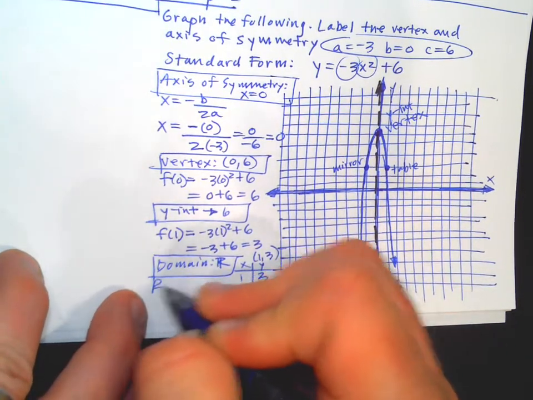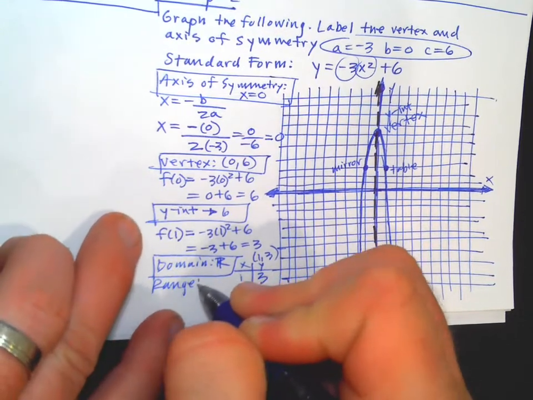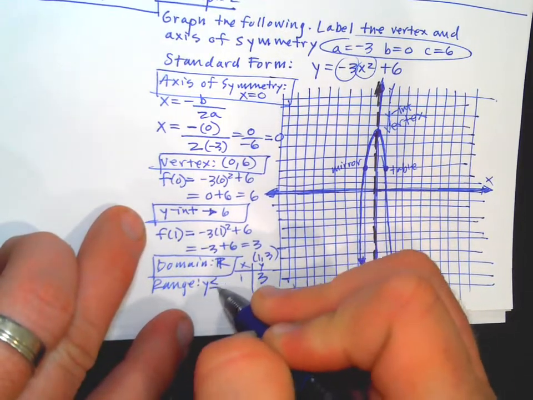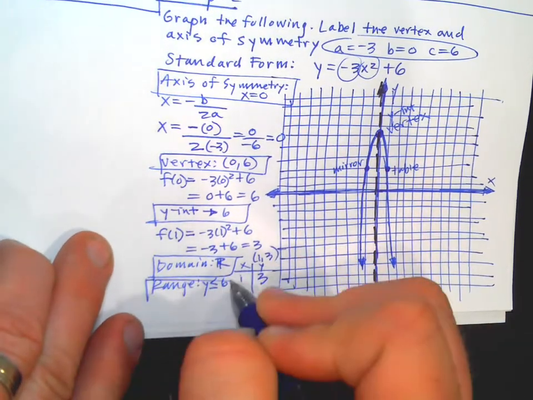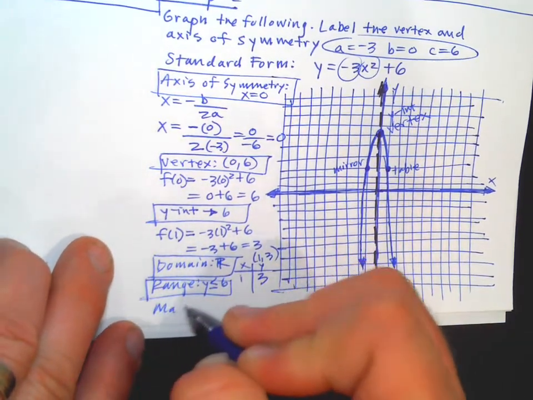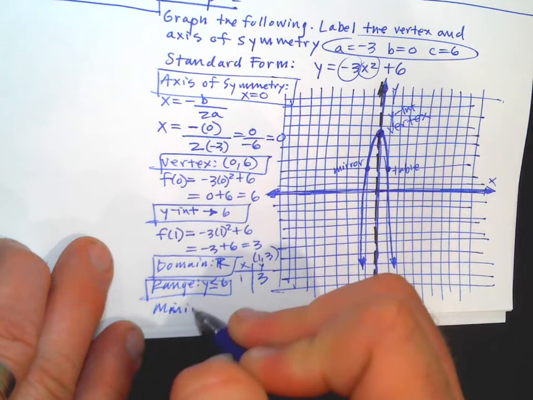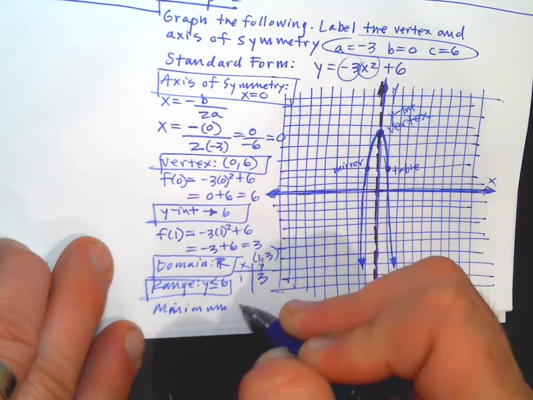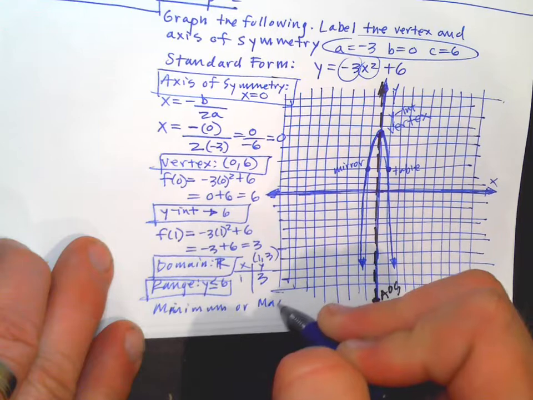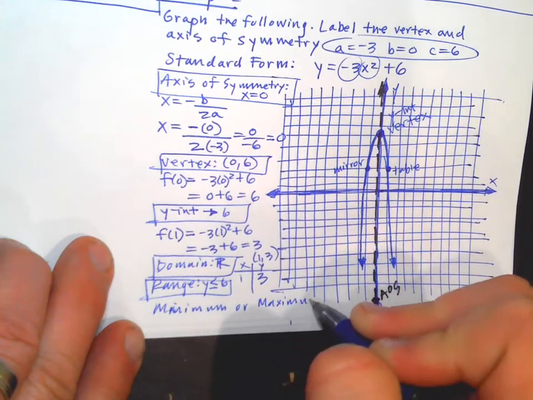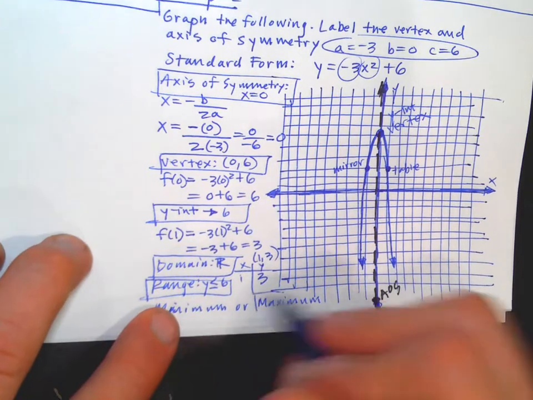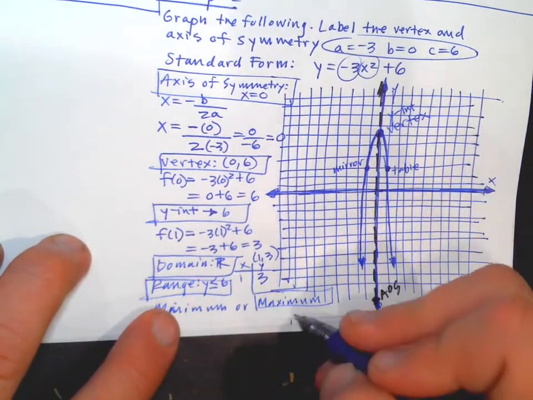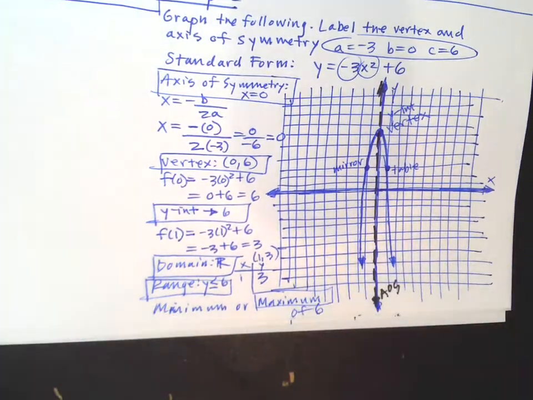We got the range, which is y is less than or equal to 6. We have the max or minimum. Is the vertex the highest point or lowest point? Maximum, highest point. What is the value? 6.